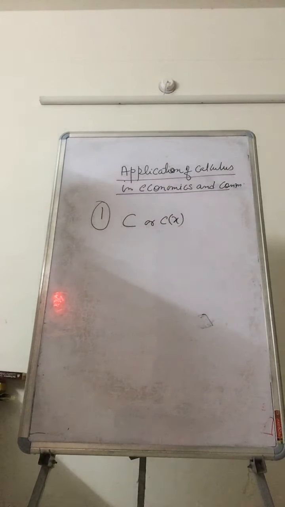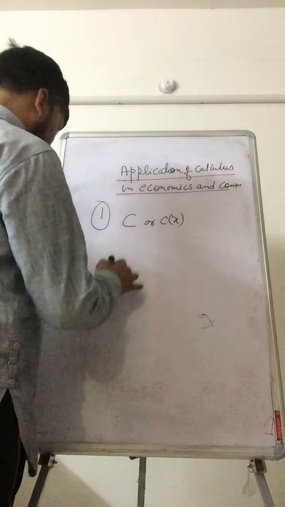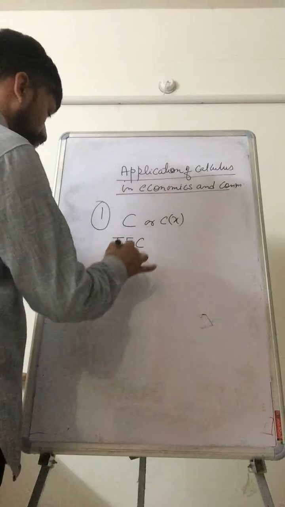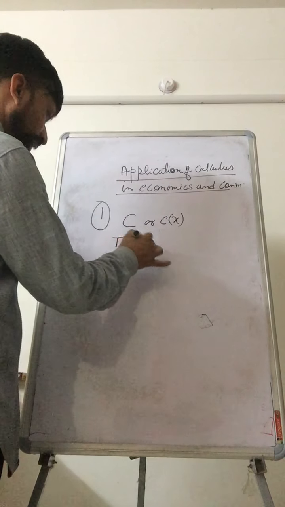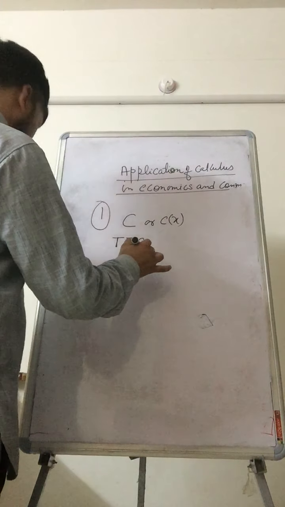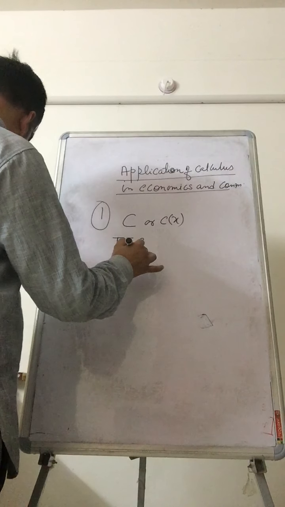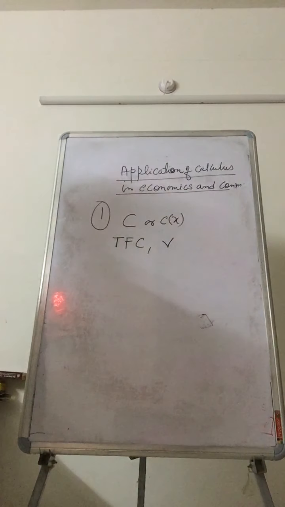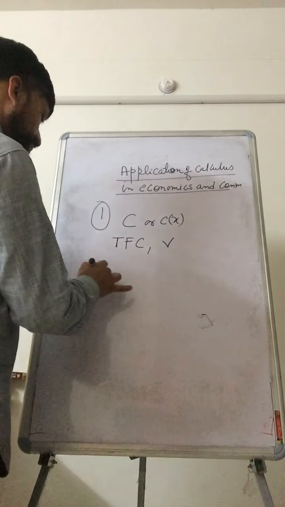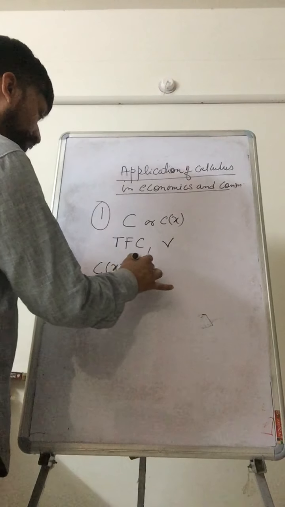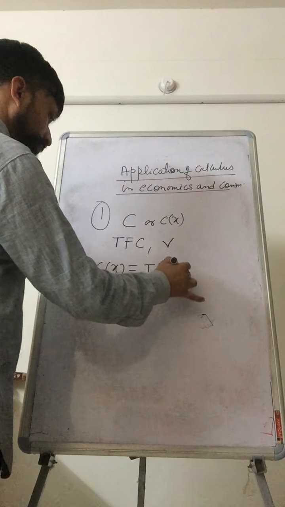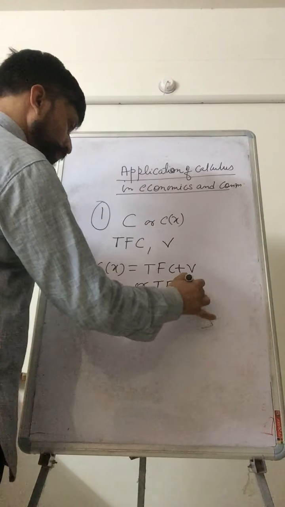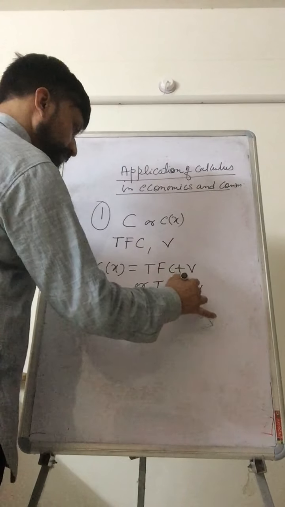Then total fixed cost we represent with TFC, and variable cost with V. Now cost function is equal to TFC plus Vx.